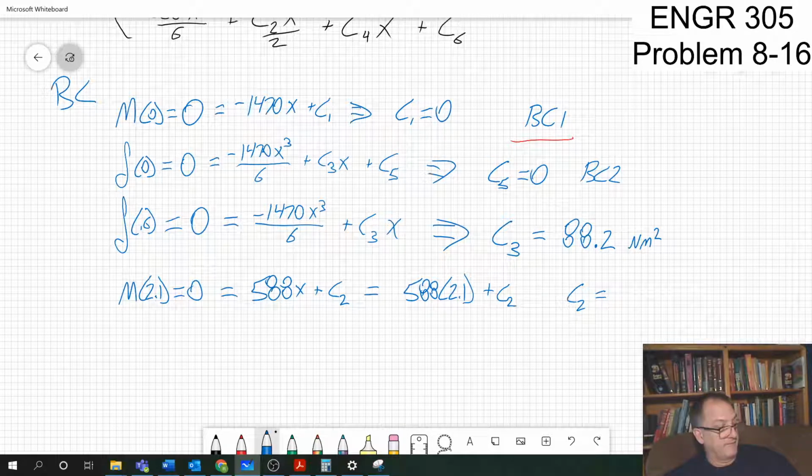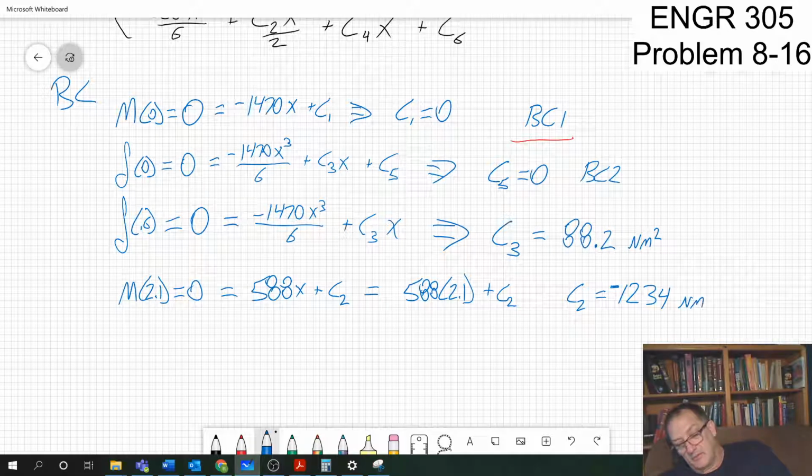Hold on. So that's a negative 1234, and the units on that are going to be Newton meters. And that makes sense. It's a constant that shows up in the moment equation. It should have units of Newton meters.